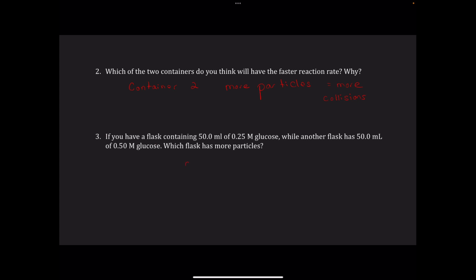We would expect the 0.5 molar flask to have more particles. Remember that our molarity is moles of glucose per liter of solution. And remember that moles count our number of particles. So larger moles mean more particles.